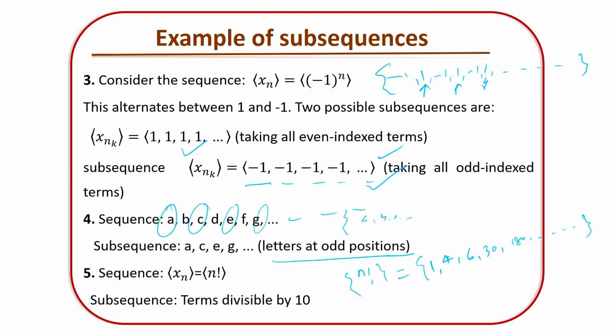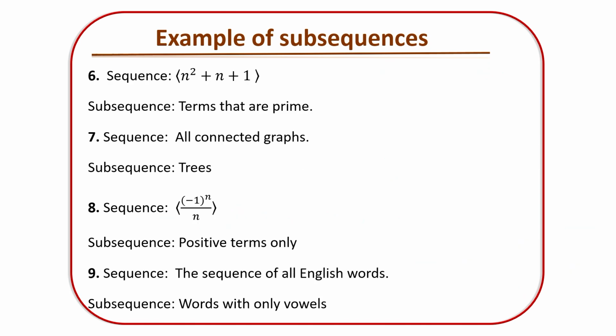Now I will choose a subsequence whose terms are divisible by 10 only. So in that subsequence 1, 2, 6 and 24 will not be available. So what will our subsequence be? Our subsequence starts with 120, 720, 5040, and so on. This will be the subsequence which is divisible by 10 only.